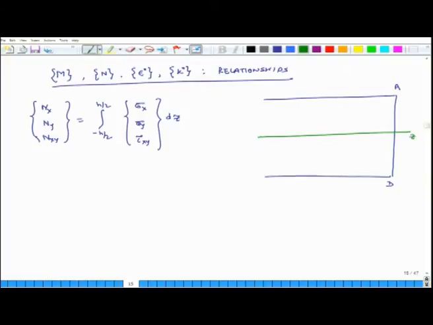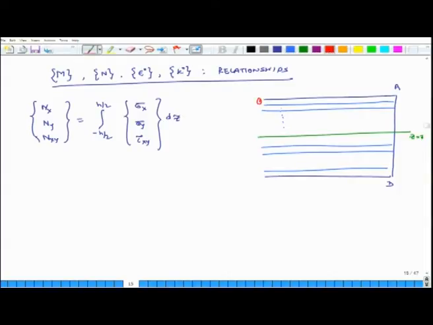So, this is z equals 0, and let us say it has n different layers. So, layer 1, layer 2 and so on, and let us say this is the kth layer and this is the nth layer.